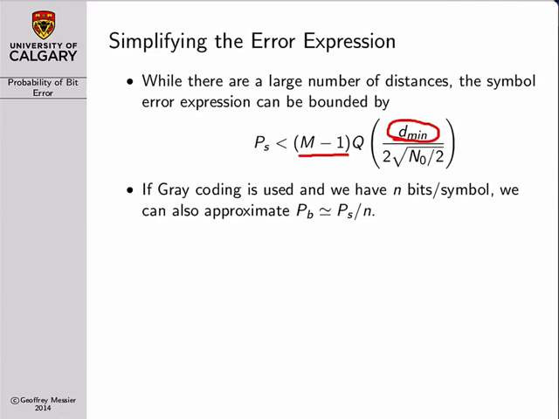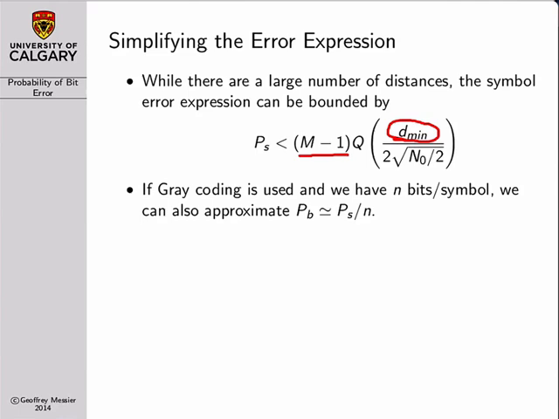Well, there are m possible transmitted signal vectors, but one of them is the right one, right? And so the overall probability of symbol error is the probability that we make an error with the first incorrect signal vector plus the probability we make an error with the second incorrect signal vector, the third incorrect signal vector, and so on.